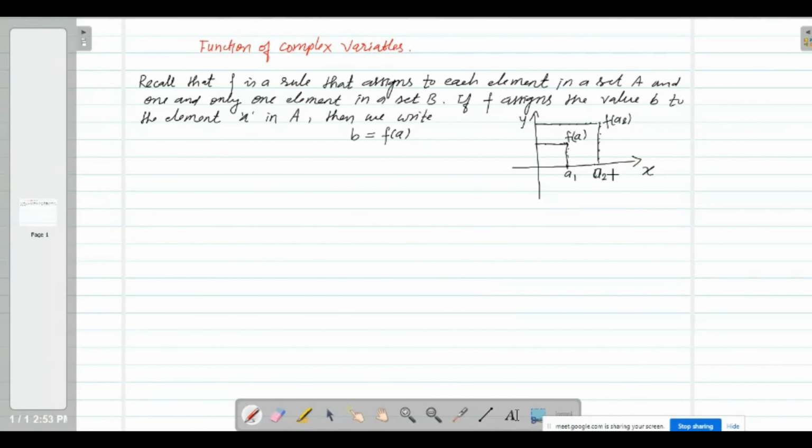I hope you understood what a function is.